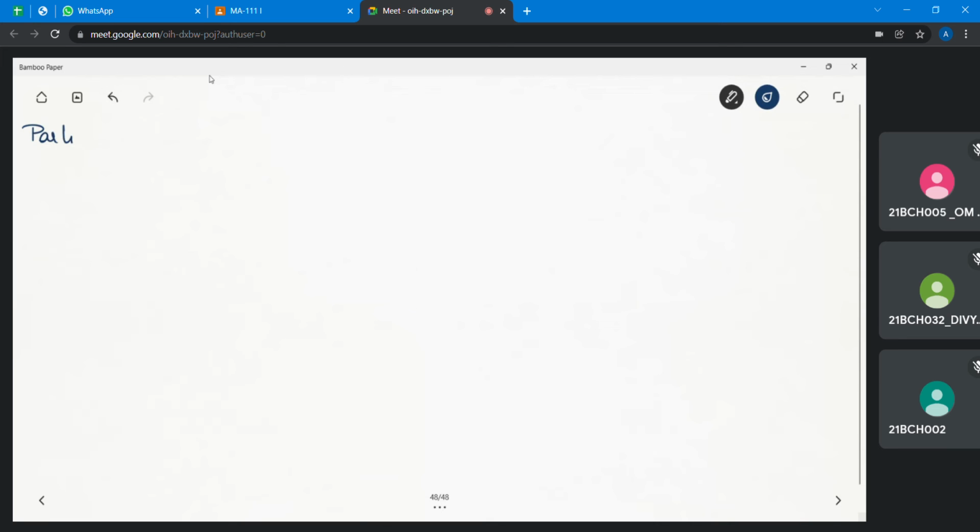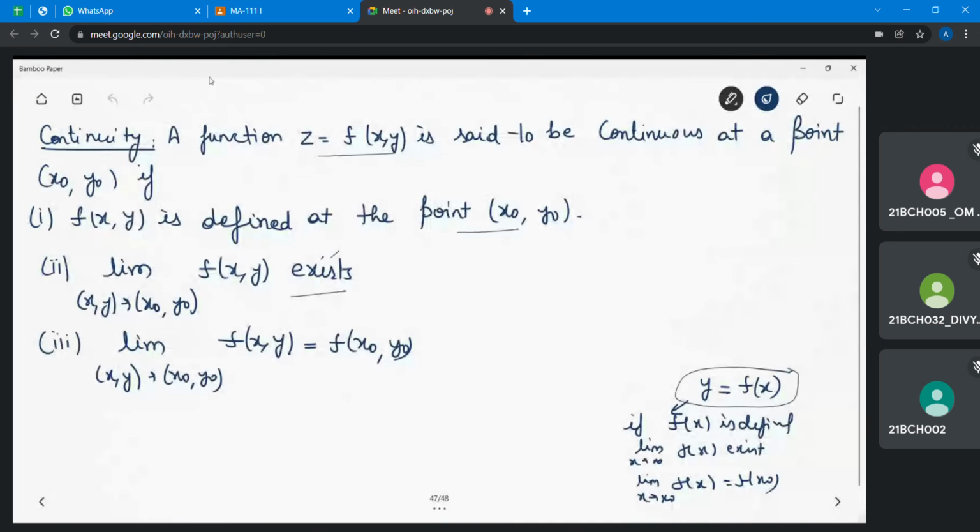So what are partial derivatives? Okay. Now, as we were going into the flow, we discussed the limit of a function of two variables, continuity, and then we talk about the differentiability or the derivative of a function of one variable.